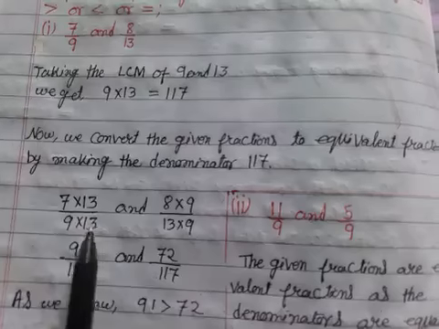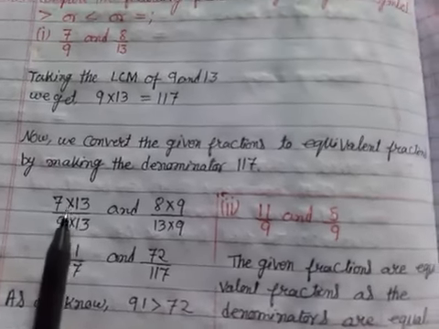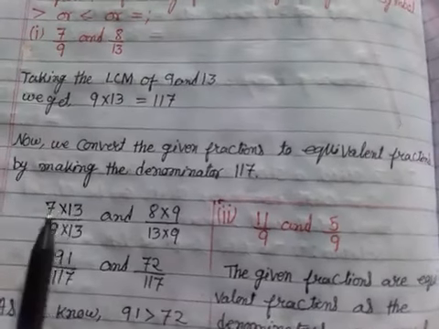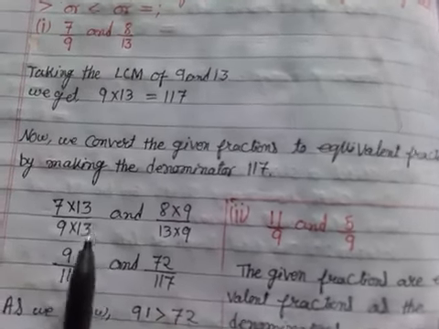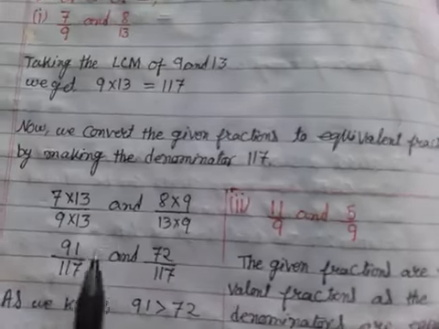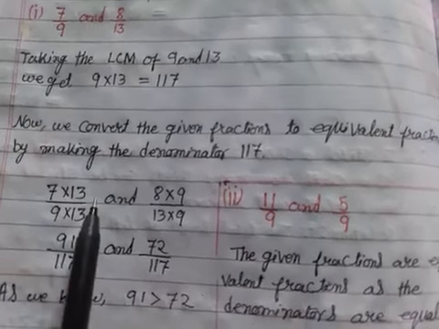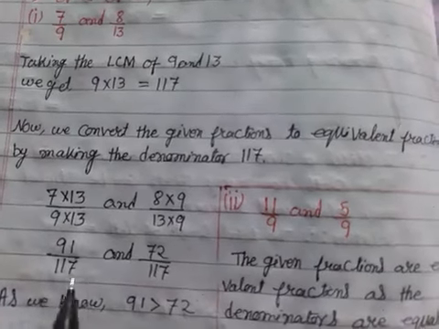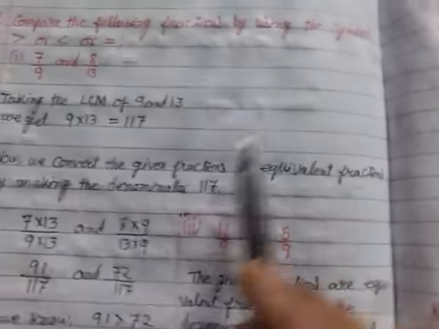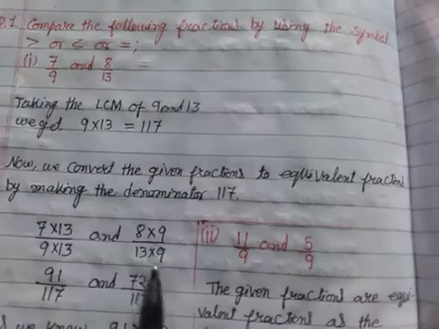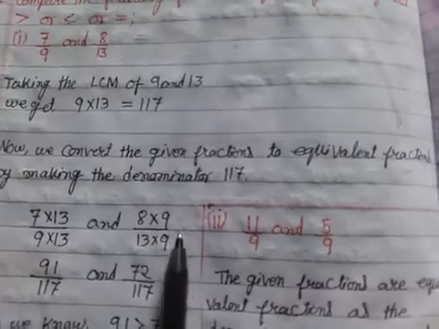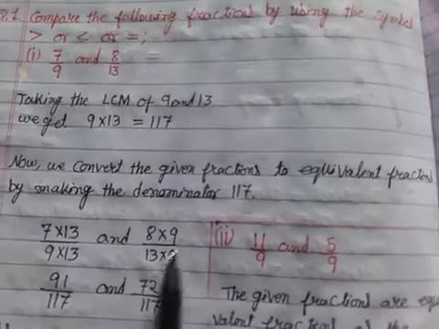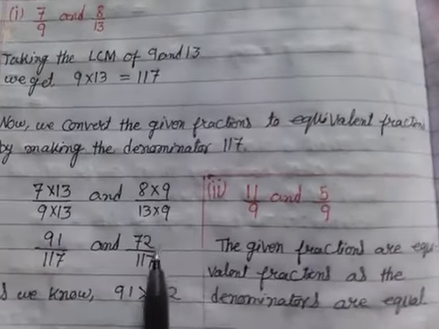When we multiply denominators, we have to multiply numerators too. So 7 by 9 times 13 by 13: 13 sevens are 91 and 13 nines are 117. Also the second fraction is 8 by 13. We multiplied by 9 by 9 because 13 nines are 117. So 8 nines are 72 and 13 nines are 117.